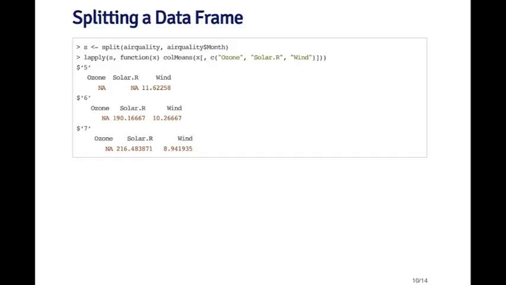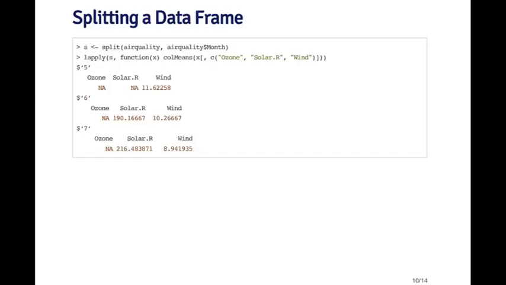And you can see lapply is returning a list back, where each element of the list is a vector of length 3, which is the mean for ozone, the mean for solar radiation, and the mean for wind within that month. And you can see that for most of the months, the ozone value is NA, and that's because when I take the mean of that column, there are missing values in that column, and I can't take the mean if there are missing values.